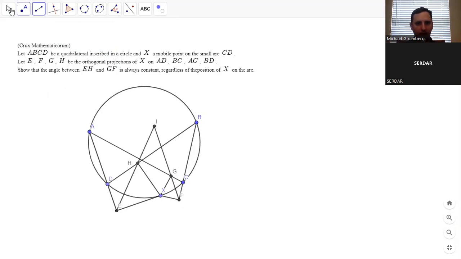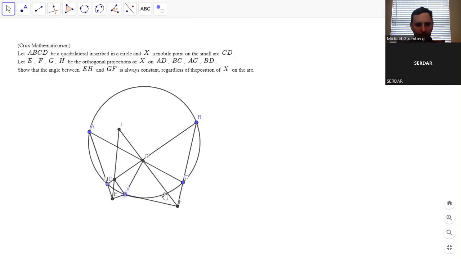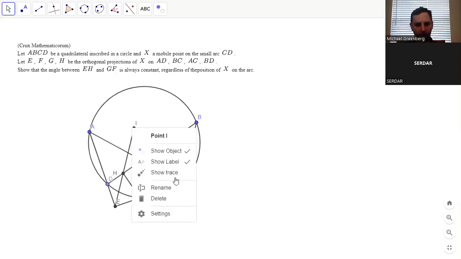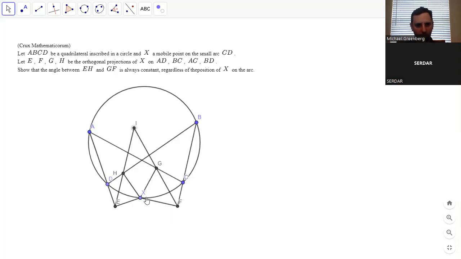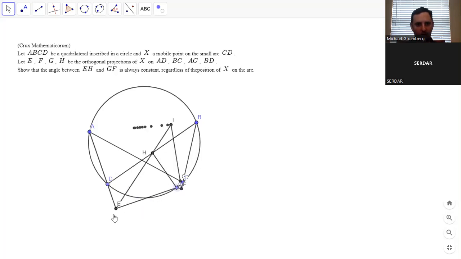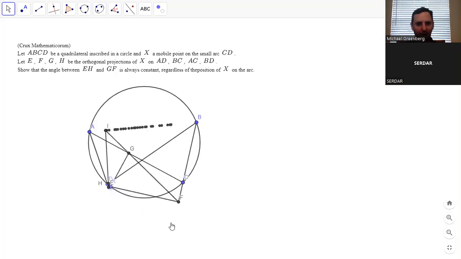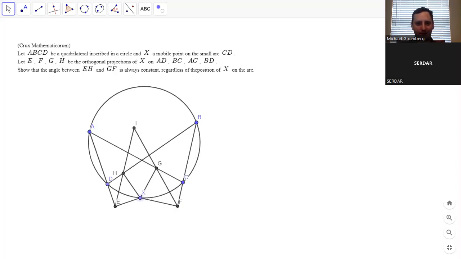If we move X around, this angle is kind of always the same. I wonder if it traces out a circle, although I don't think it does. Let's see. Oh, it looks like it moves on the line AB. Wait, so A, I, and B are collinear? That's interesting.